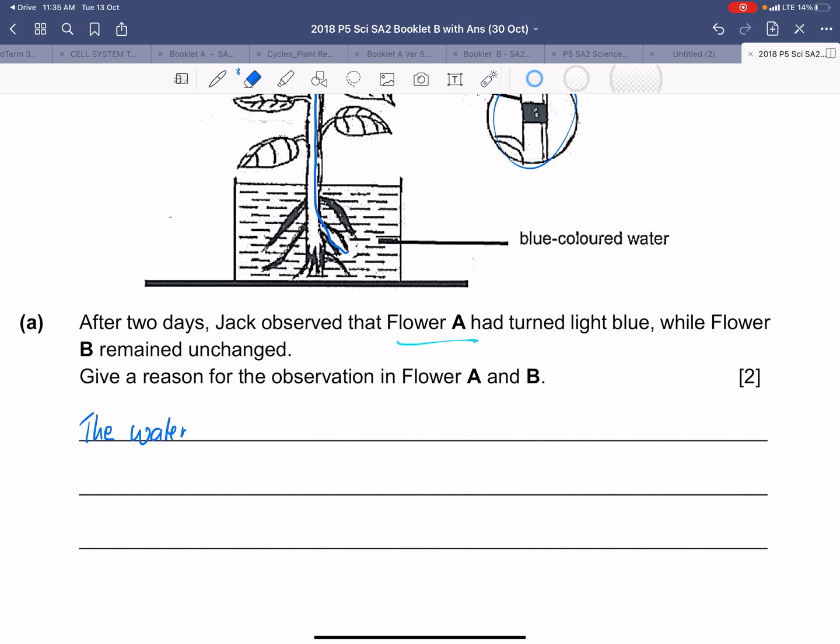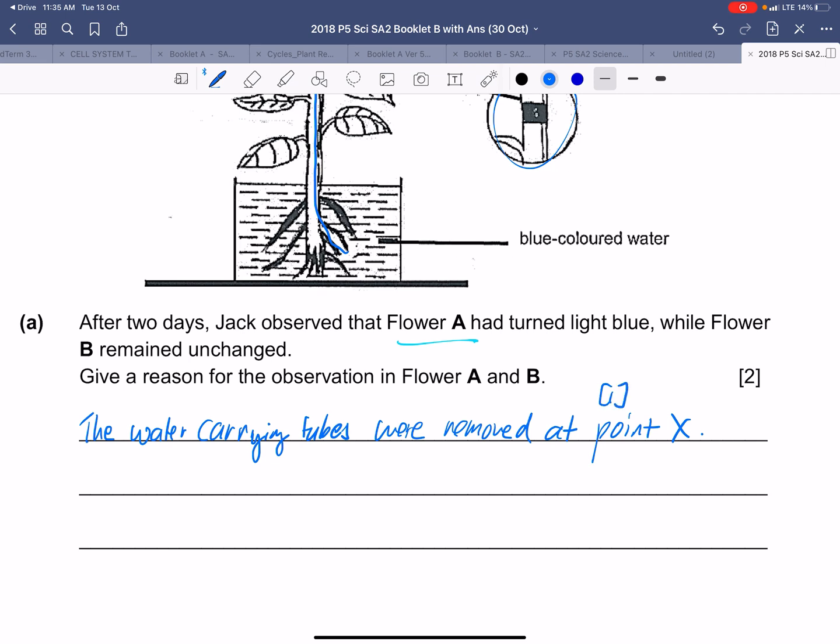Yes, actually you cannot remove the water carrying tubes without removing the food carrying tubes because the food carrying tubes are on the outside. Were removed or were cut. Are you allowed to write xylem? Yes. At point X. So 1 mark for telling me that.